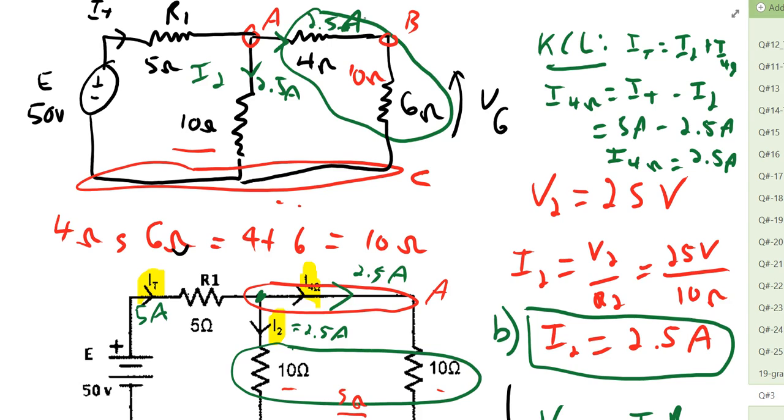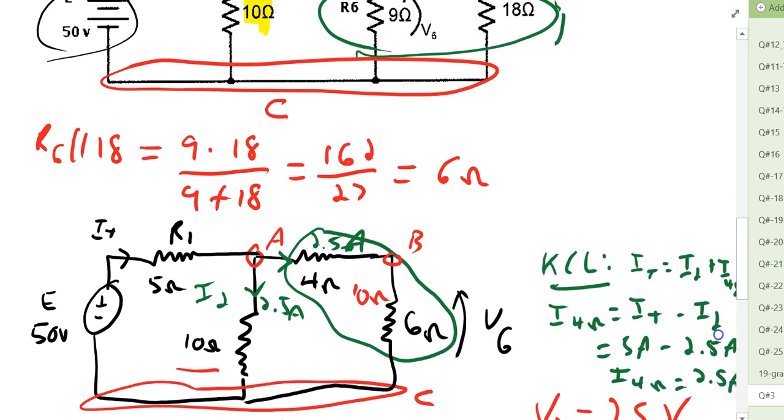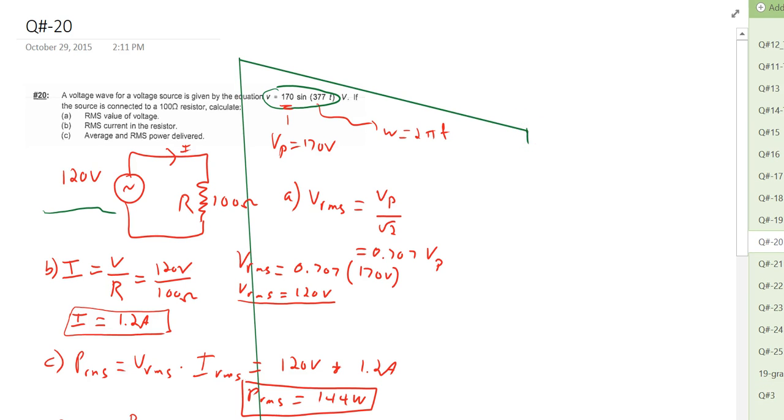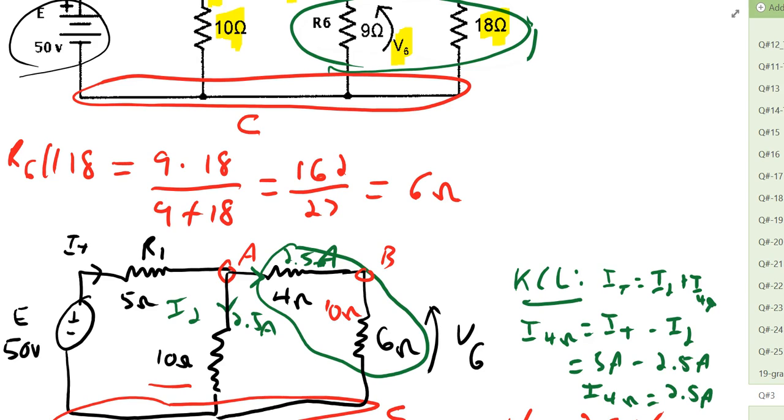And so if the current through the 4 ohm resistor is 2.5 amps, that means that I6 ohm equals 2.5 amps.